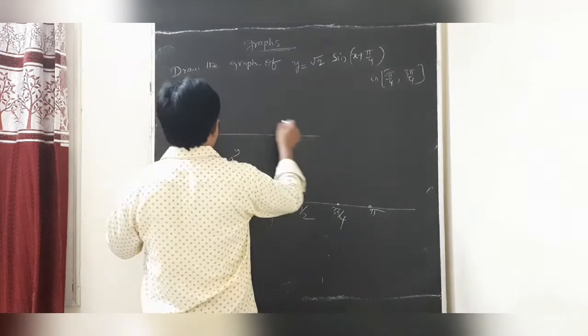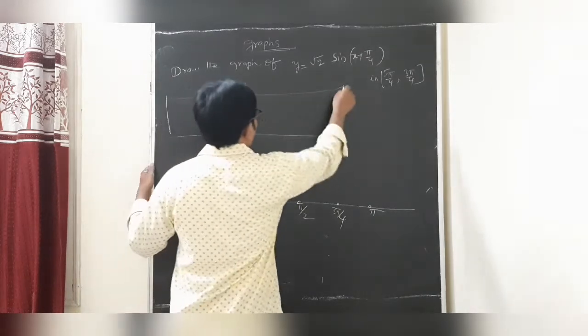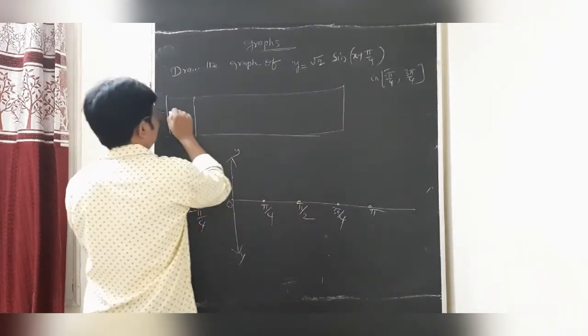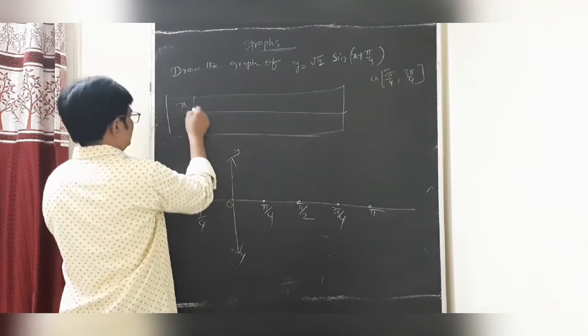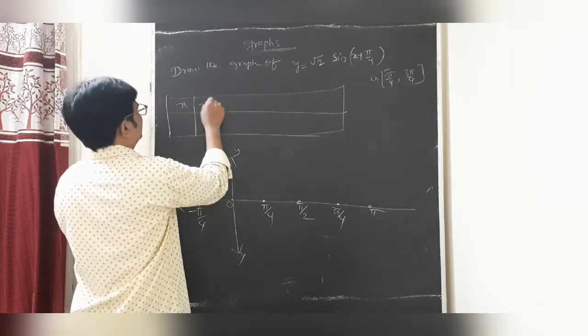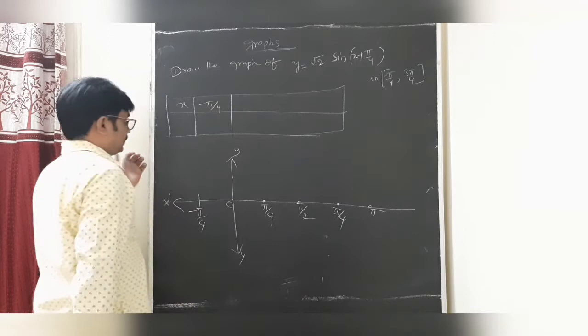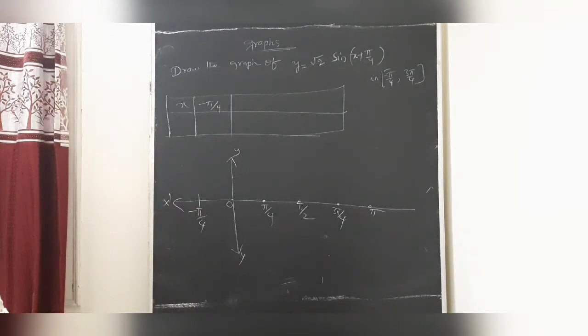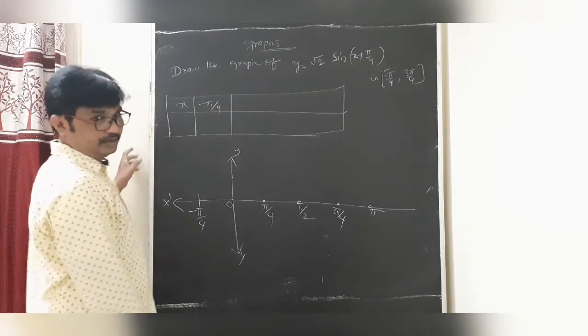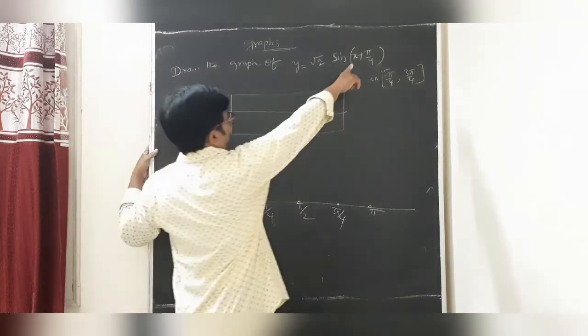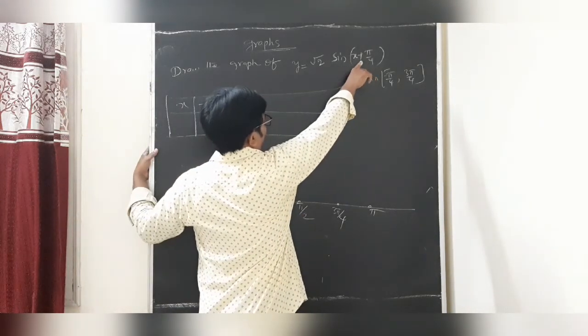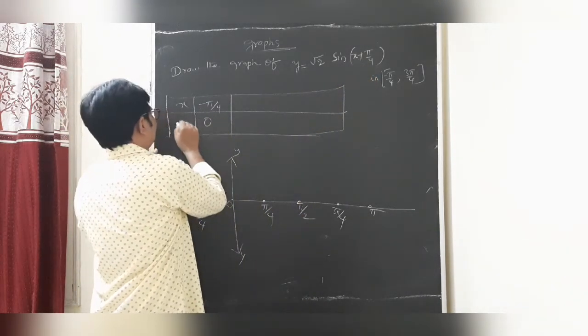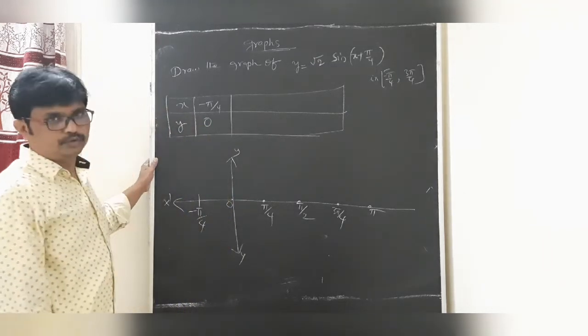So students, what we observe, the x values we are taking: first minus pi by 4. Minus pi by 4 plus pi by 4 is 0, sin 0 is 0, 0 into root 2 is 0.